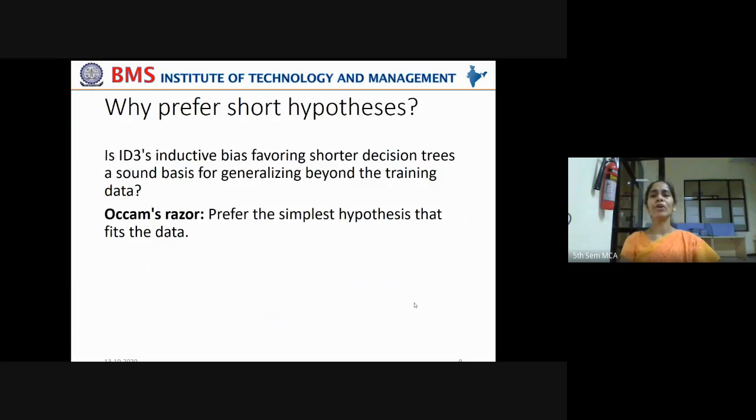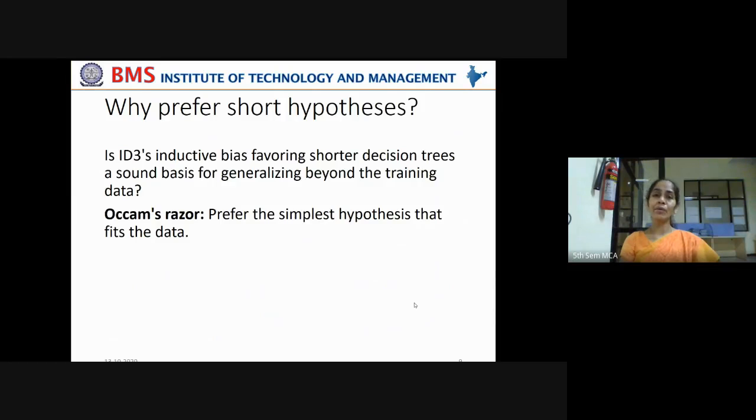Now, why prefer short hypotheses? Why not long hypotheses? Why not complex, lengthy hypotheses? See, when physicists or people studying astrophysics or some other kind of science formulate their hypotheses, they make them as simple as possible, though more complex terms are available.